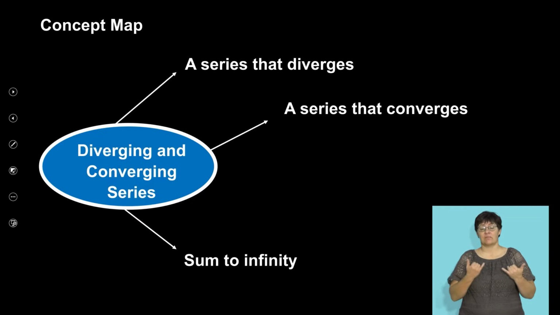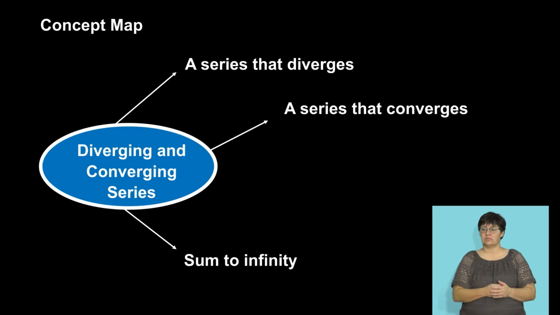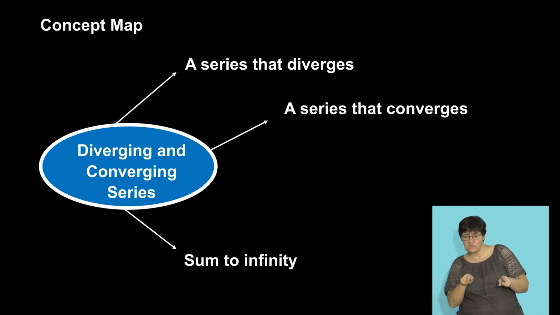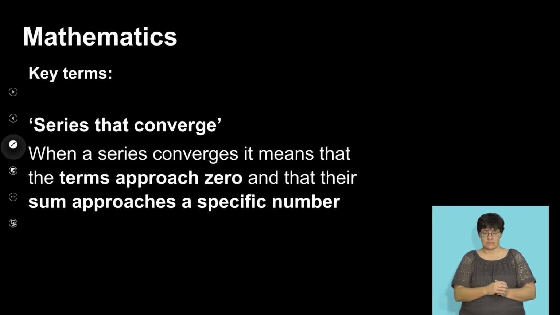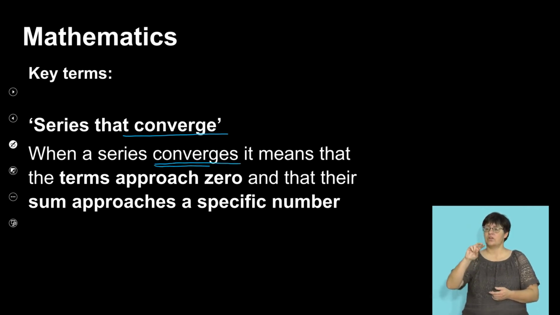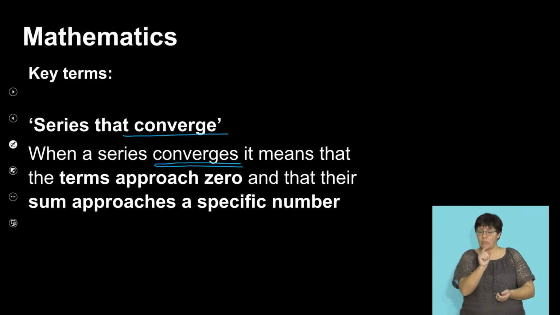So for today, we are going to first look at the concept of a series that diverges and a series that converges. Using that information, we're going to make a conclusion about what type of series I'm allowed to calculate a sum to infinity to. So let's have a look at the first definition, which is a series that converges. When a series converges, so this word is important, it means that the terms approach zero.